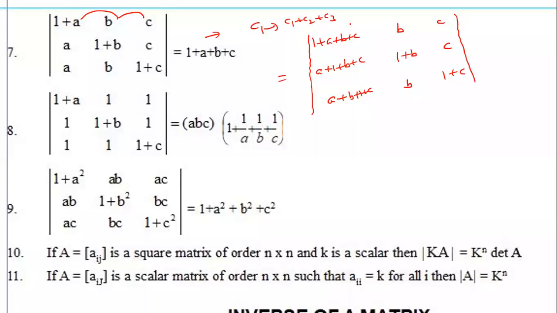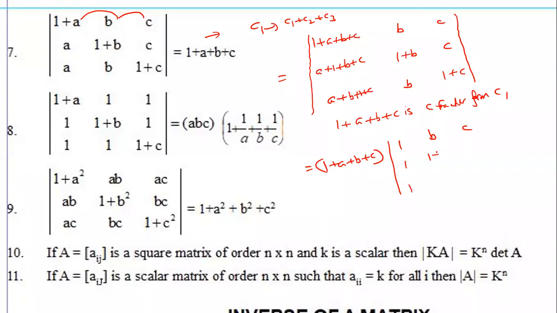Now, what I'm doing here, 1 plus A plus B plus C is a common factor from C1. See, take it as a common factor, okay? What is the remaining? 1, 1, 1. B, C, 1 plus B, C, B, 1 plus C.